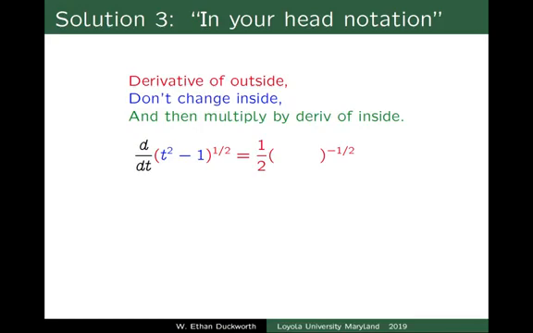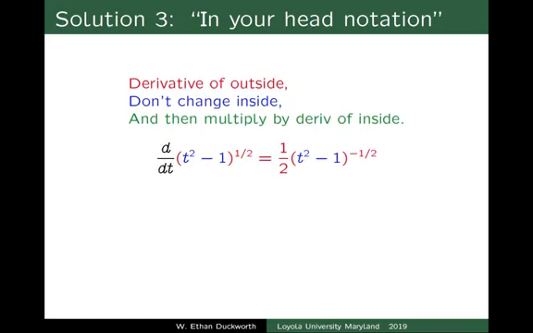Now I'm not going to change the inside, so I'll just put t squared minus 1 back in. And then I should multiply by the derivative of the inside. I usually do this as a separate step, finishing the derivative as a separate step, but I will write the prime and the inside part there to remind me that's the last thing.